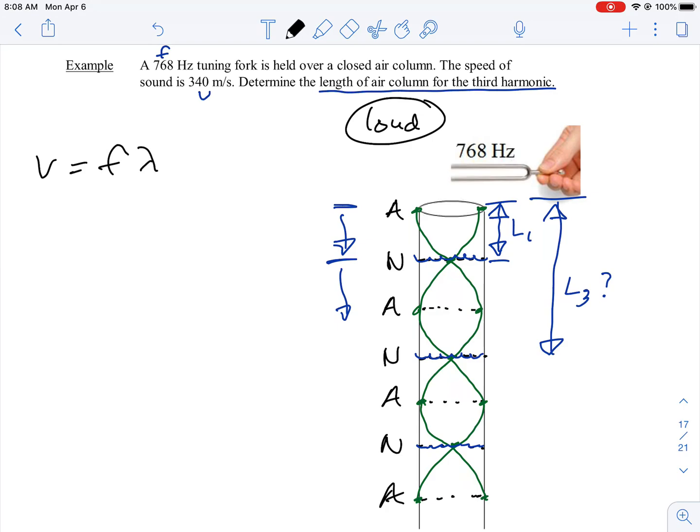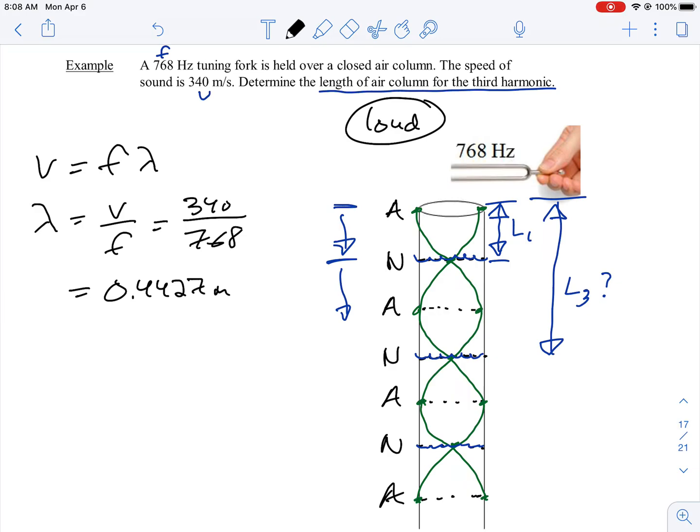That means we can find the wavelength: v over f, or simply 340 divided by 768. Let's get our trusty calculator here. So about 0.4427 meters. Okay, so that's a fixed wavelength of the standing wave.